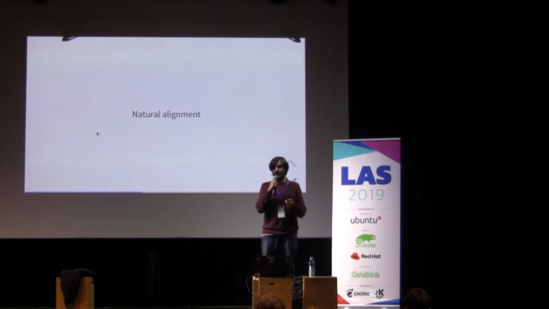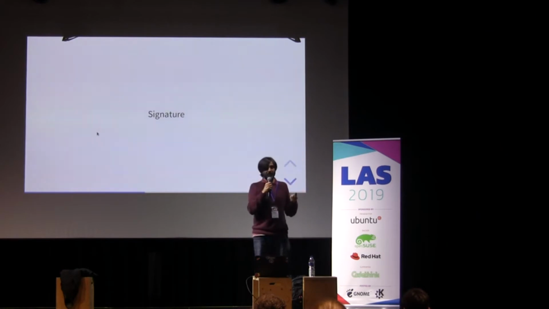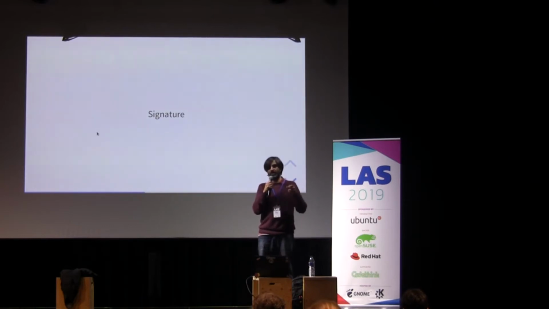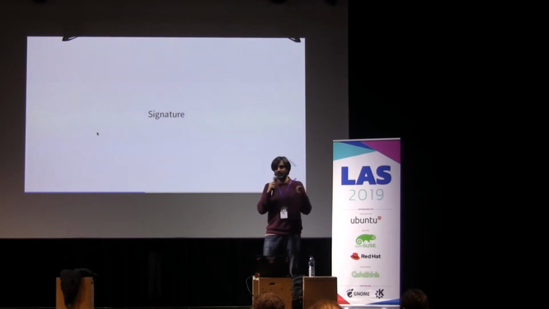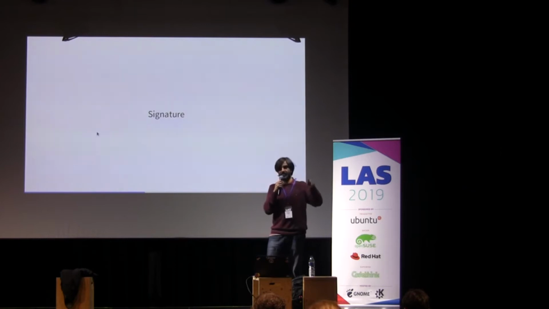So mostly it's very natural, and it seems logical. Each data type the spec defines has something called a signature, which is a string that defines what the data is. Every simple type has one letter, and then you create the container data types by combining the container's signature and the contained type signature.